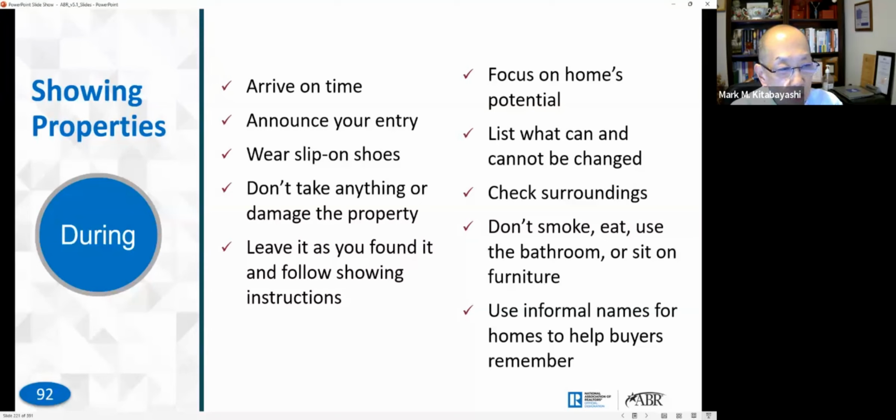In the United States, we say make sure your car is not parked in the driveway so you don't get blocked in. Or when you're walking through the house, especially a vacant house, make sure you're always closest to the door so you could escape if you need to, or run.